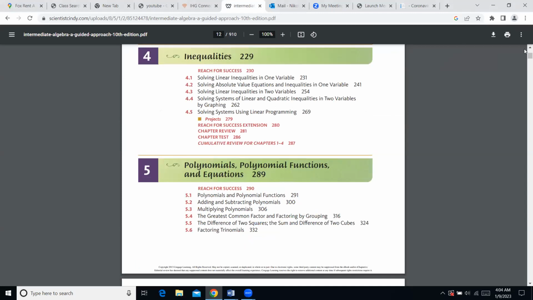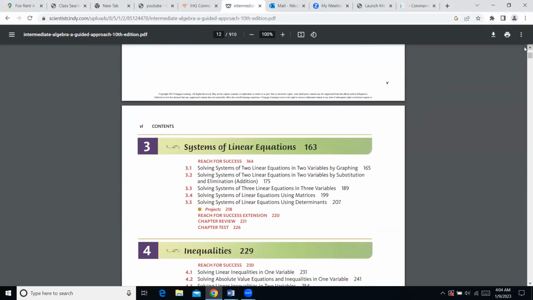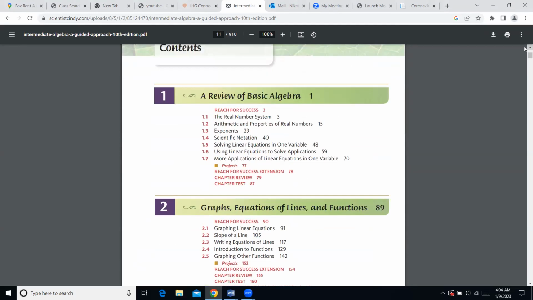In order to get to that page, notice that the contents say it's page 3, but you can see already that we are here on page number 11. So how to use this online textbook?